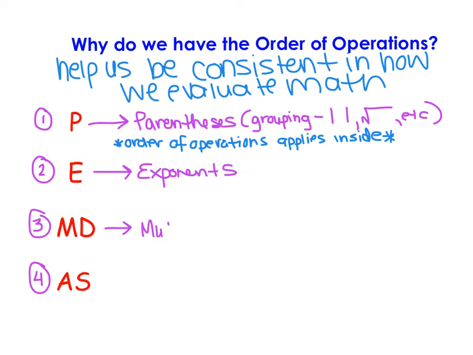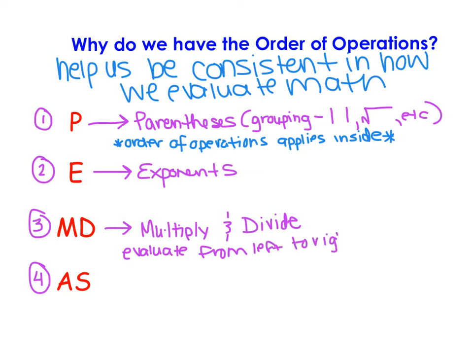M and D stand for multiply and divide, and the reason they're on the same level is because we evaluate these from left to right. So multiplication doesn't necessarily come before division, and division doesn't necessarily come before multiplication. We multiply and divide from left to right.